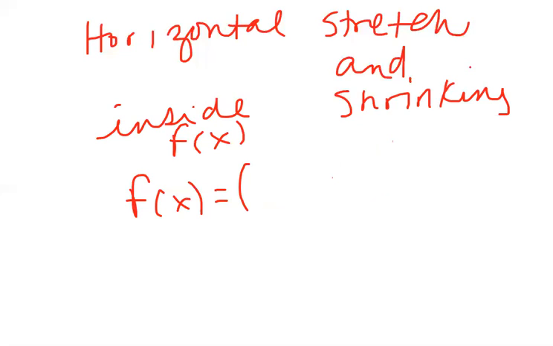So you're looking at something like a times x squared. This a value here is going to determine whether or not the graph is going to stretch or shrink, guys, okay? So that's all I wanted to mention to you guys about the transformations.